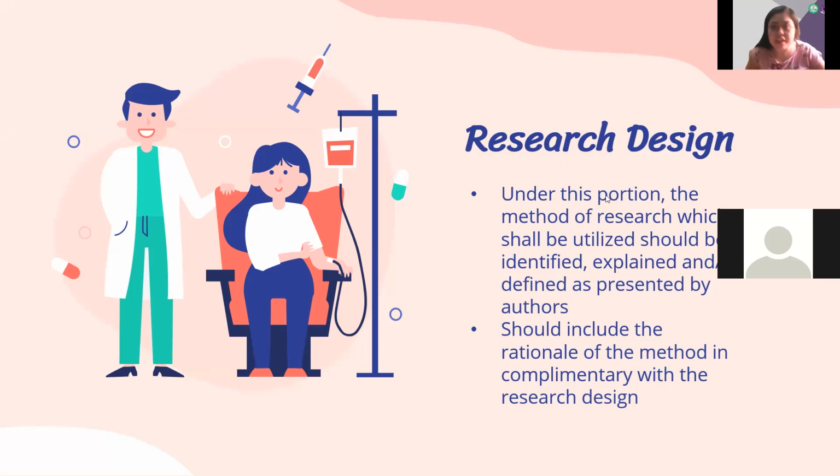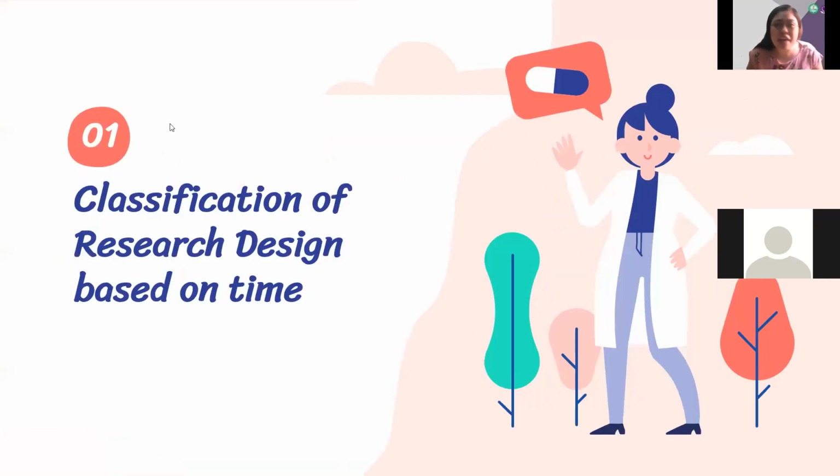So when you say research design, this is under the research methodology, and you have to identify which method are you going to use in your study, and you have to provide also the rationale of the method in complementary with the research design. Now we have different classifications of our research design, and the first one here is the research design based on time.